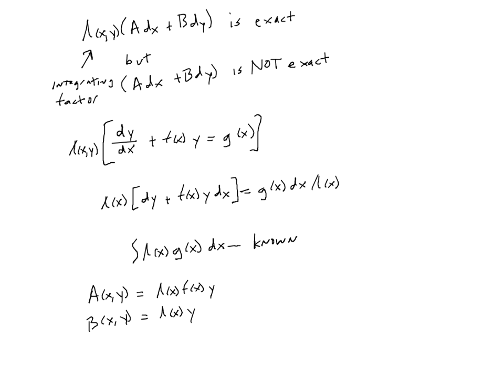Then partial A with respect to y is just going to be equal to lambda of x f of x. Partial of B with respect to x is going to be equal to the derivative of lambda with respect to x.